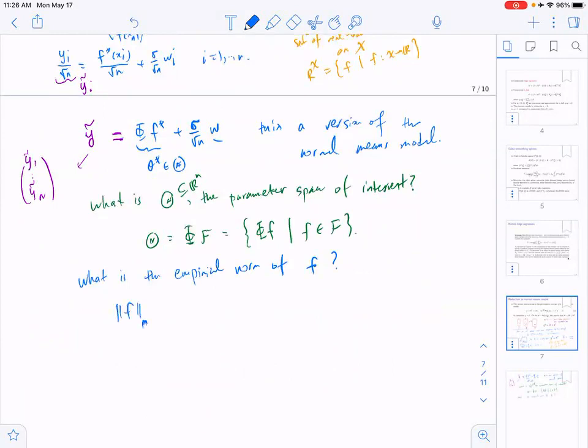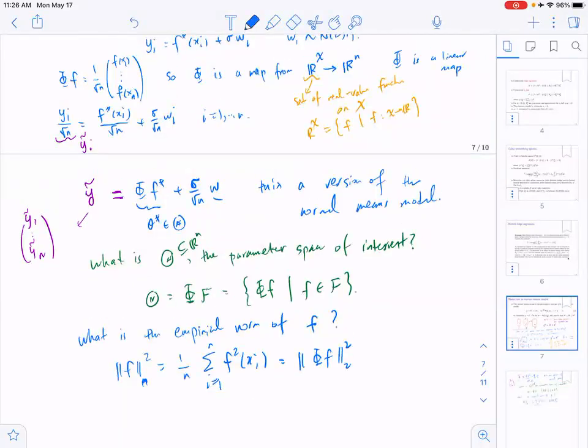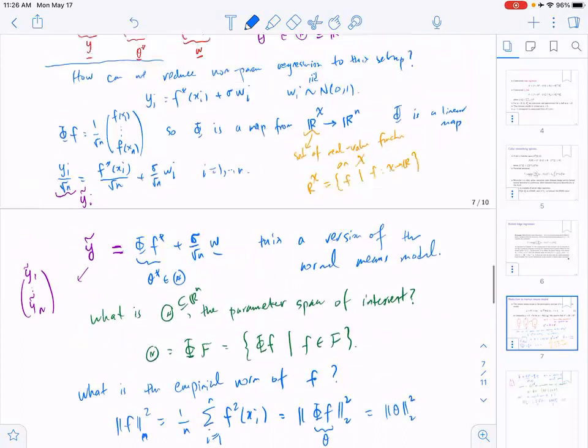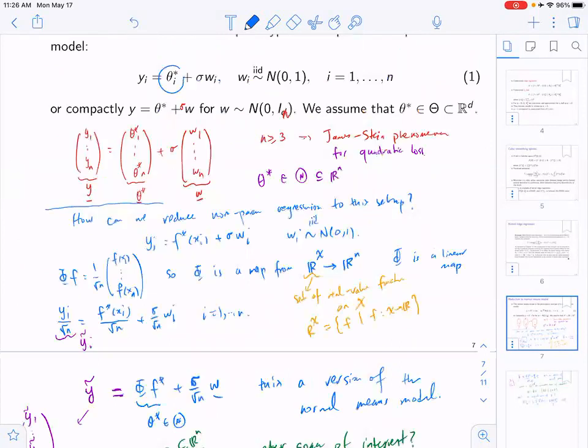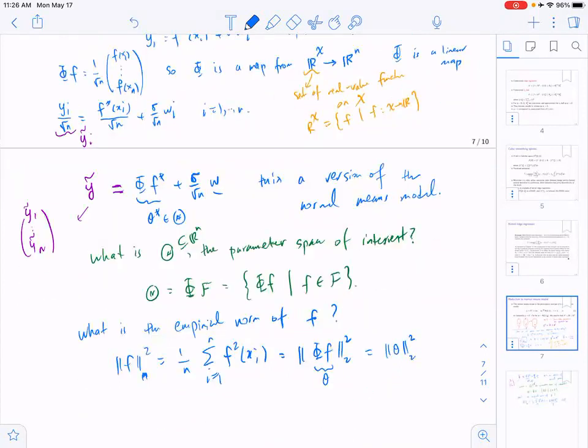It is the sum over i from 1 to n of f squared of x_i, so it's nothing but the norm squared. That's exactly this quantity. If I call this vector theta, this is just the L2 norm of theta. So what we're doing effectively is estimating theta star, and our performance measure is now the L2 norm.